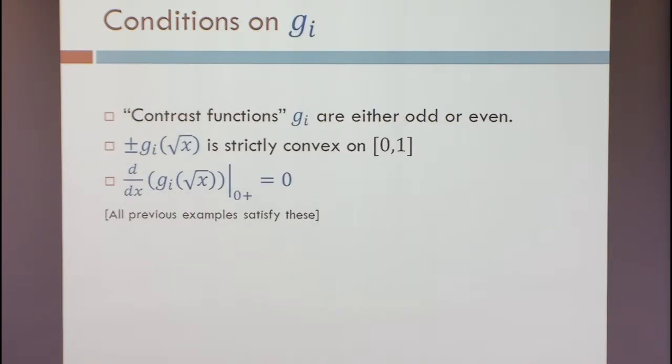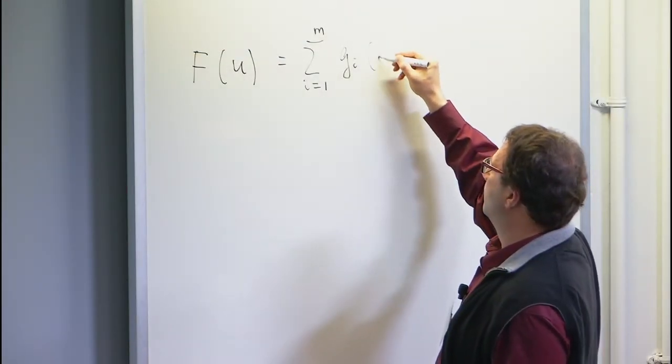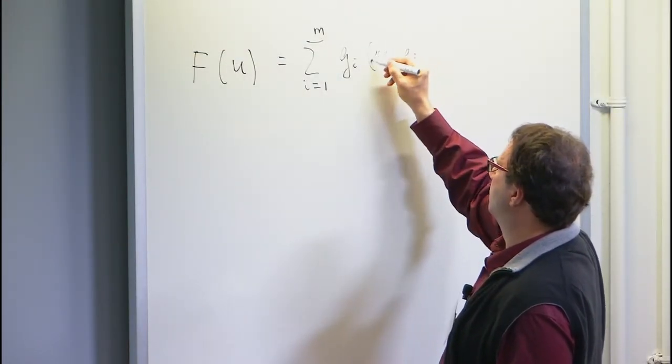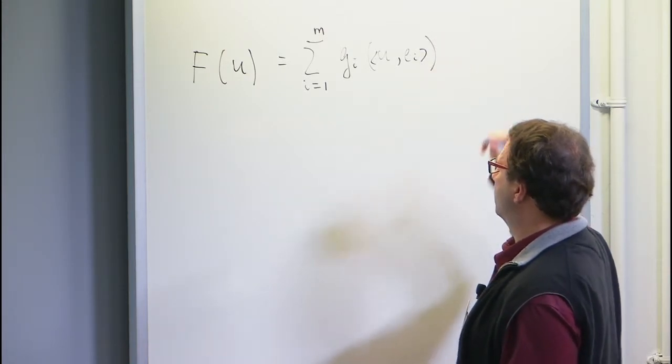Obviously, to say something reasonable about this, if you go back and look at the basis encoding functions, you need some sort of conditions on the g_i, right? Let me just write it down so you can compare: f of u equals the sum over i equals 1 to m of g_i of the inner product u, e_i.